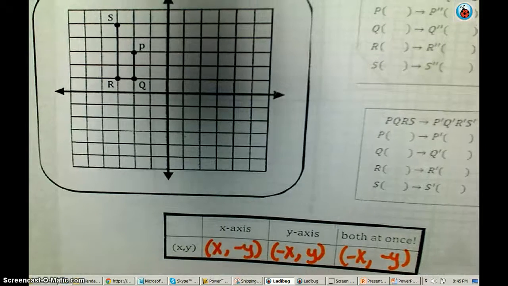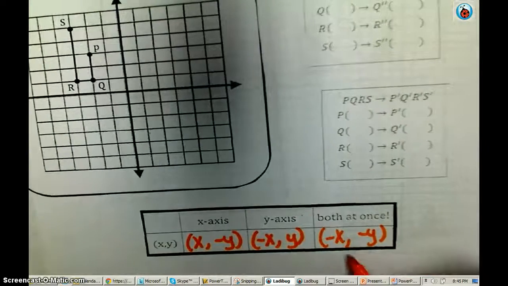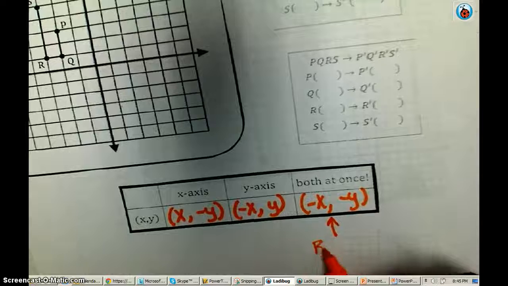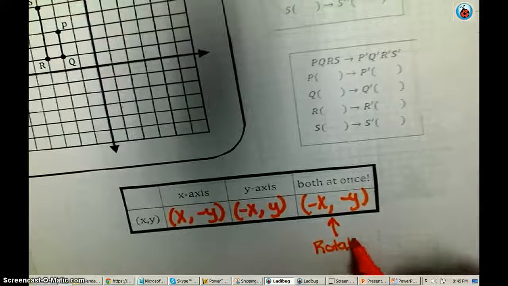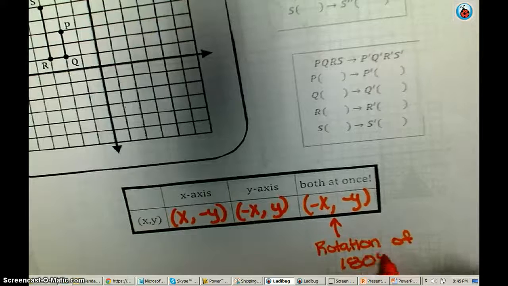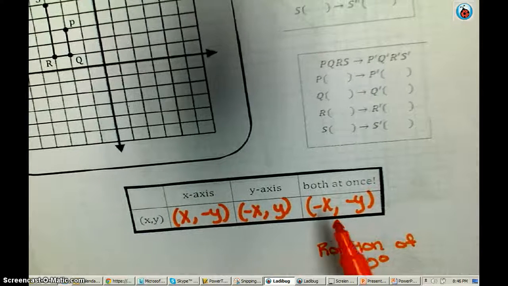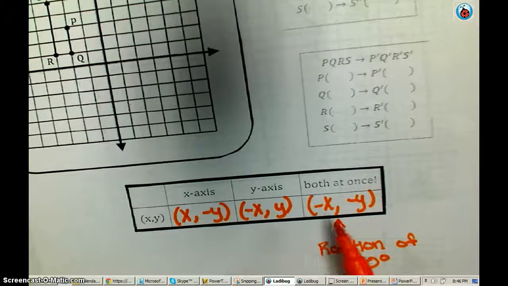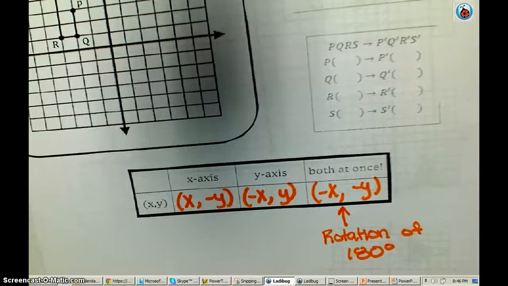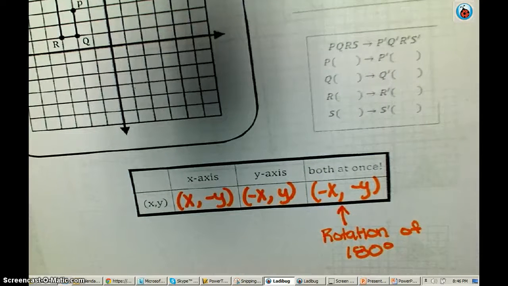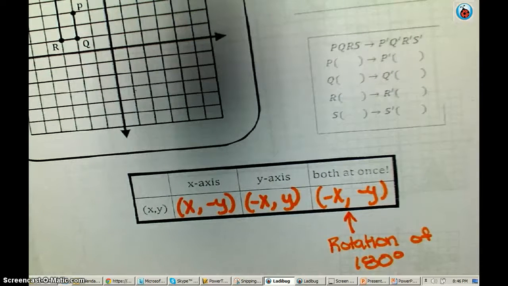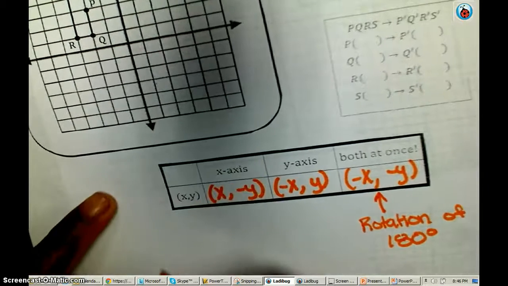One thing that you'll notice about both at once, it is also a rotation of 180 degrees. So reflecting over the x-axis and the y-axis at the same time is going to result in a rotation of 180 degrees.